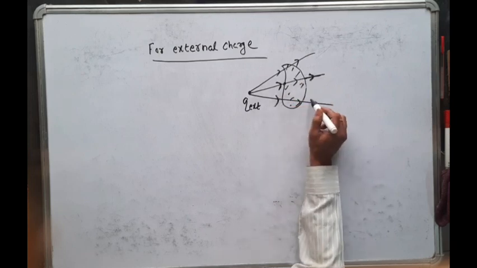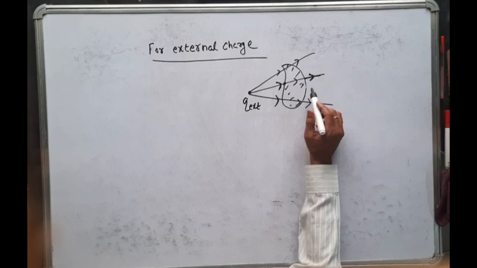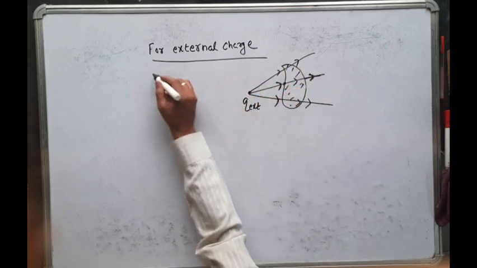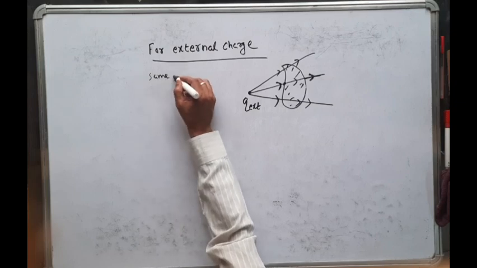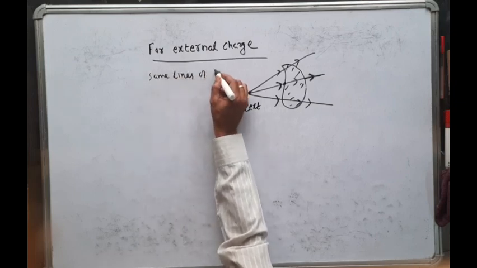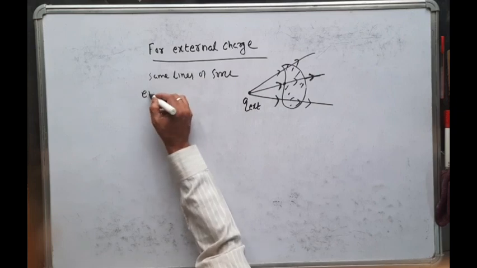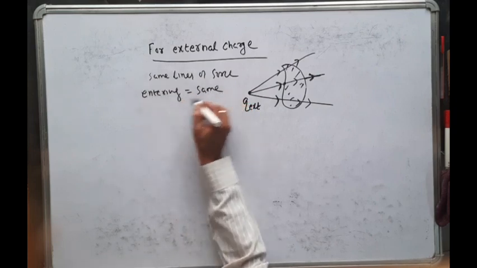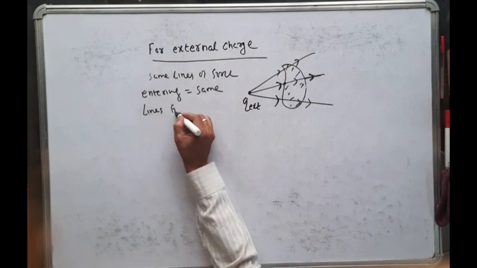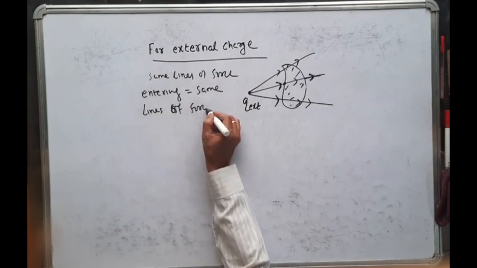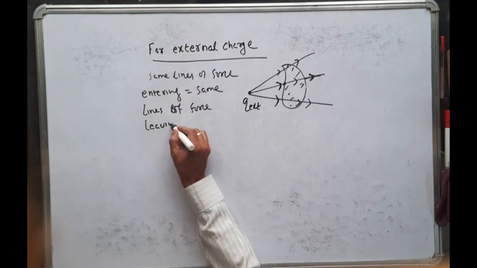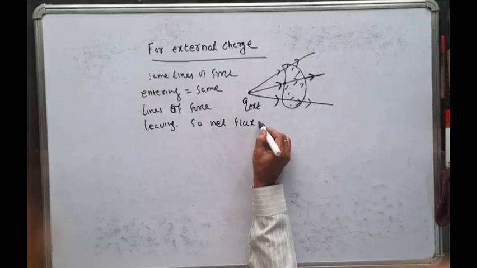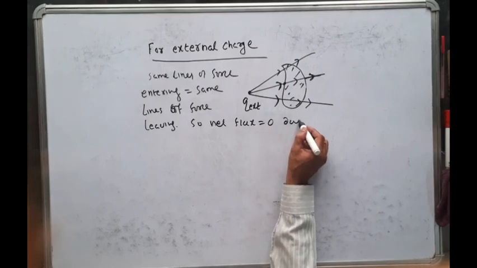So though the electric field is there, the same lines of force entering are equal to the same lines of force leaving. So we can say the net flux is equal to 0 due to which charge?